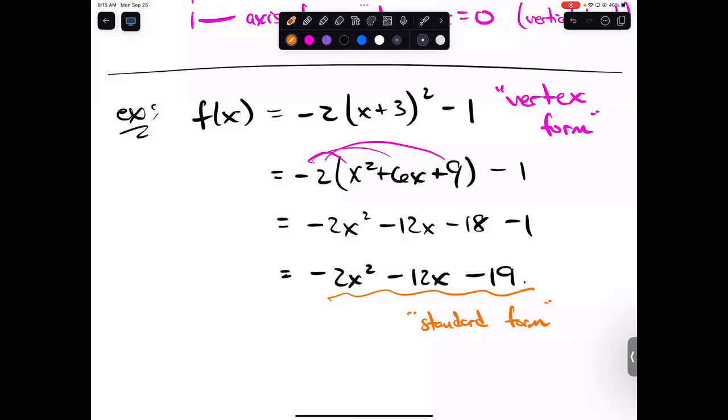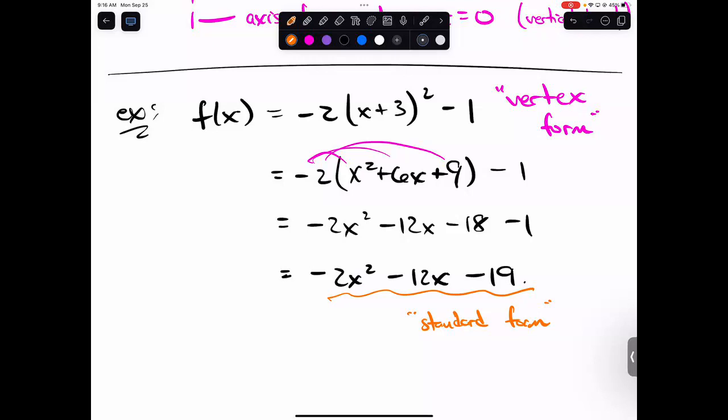A is negative 2, B is negative 12, C is negative 19. Again, that's just the coefficients. So that's the same function in standard form. Standard form, again, I can't look at and read the vertex off anymore. So, I lose that. I can't tell just by looking at this that the vertex is negative 3, negative 1, but it's the same function.